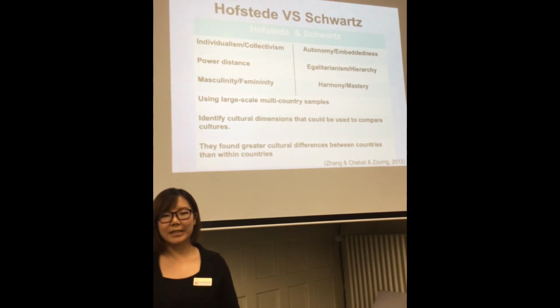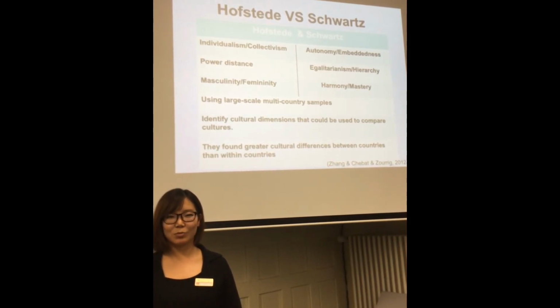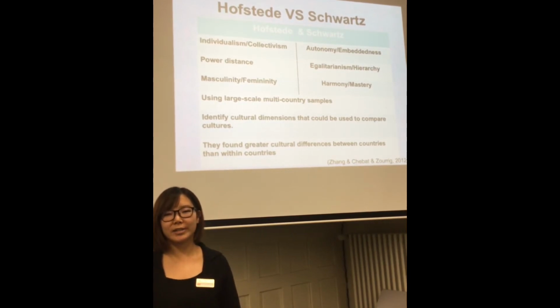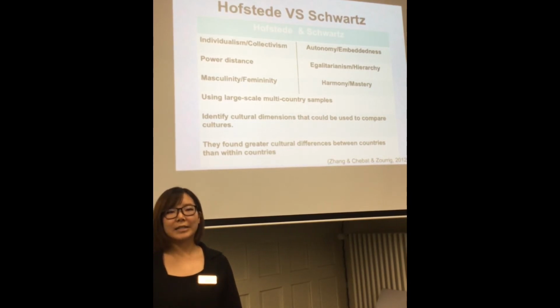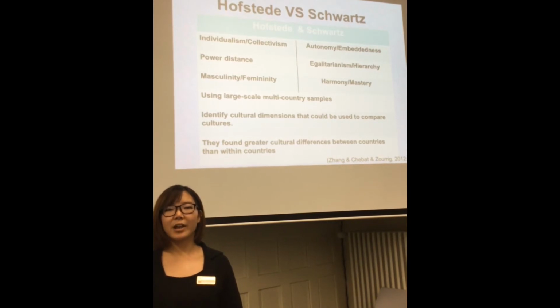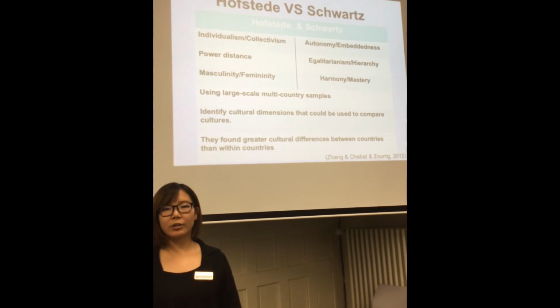Thirdly, Hofstede's masculinity and femininity and the Schwartz harmony and mastery are both associated with the relation to the social and the natural environment. And the classification of the cultural dimensions is broadly divided in terms of habits and geographical locations.